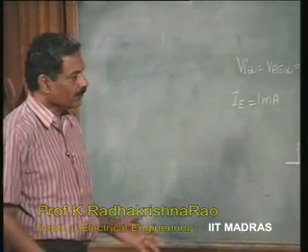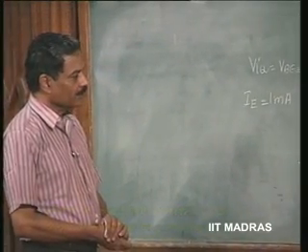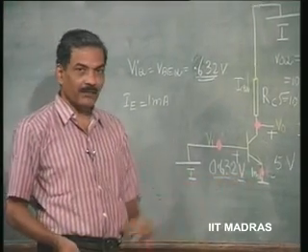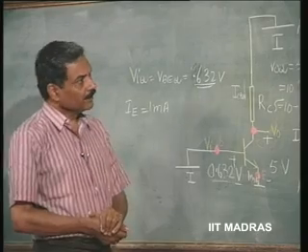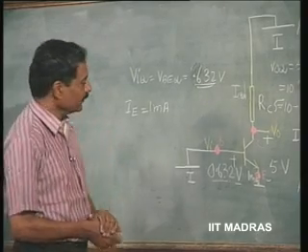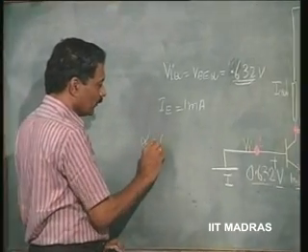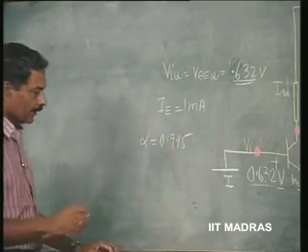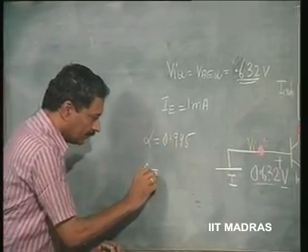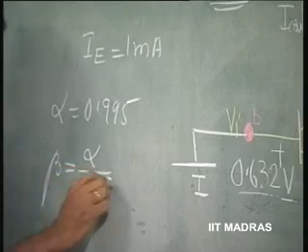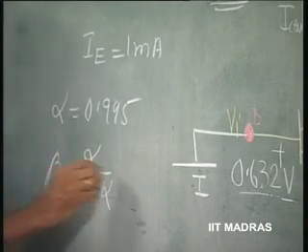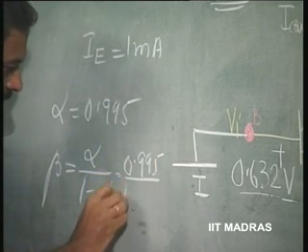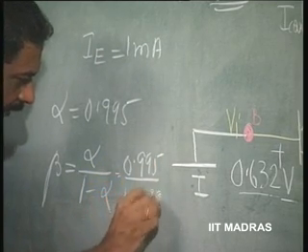Then how do I really bias this? I know that I have to have 1 milliampere of current here. If alpha is 0.995, then beta of the transistor, which is alpha by 1 minus alpha, is going to be 0.995 divided by 1 minus 0.995.